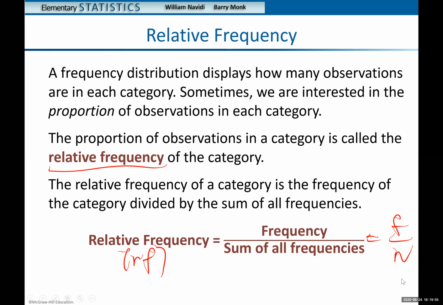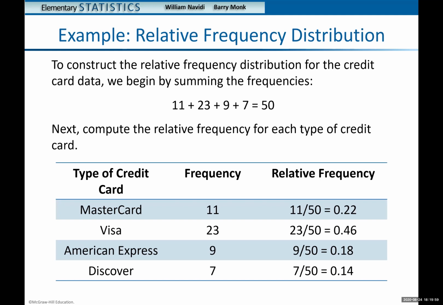All right. So to get relative frequency of the different types of credit cards, earlier I showed you we have 11, 23, 9, and 7. Since the formula for RF is F over N, N is the total number.